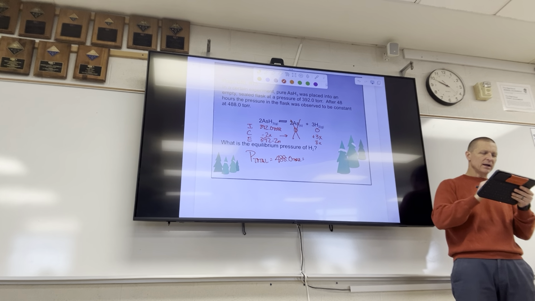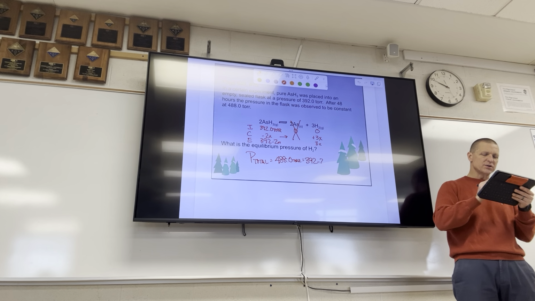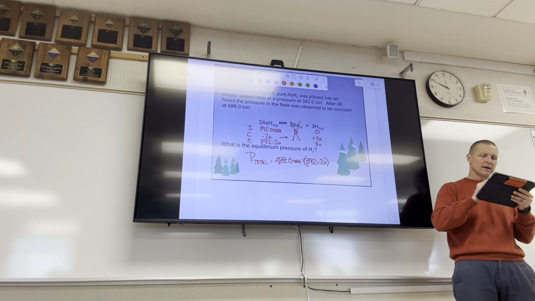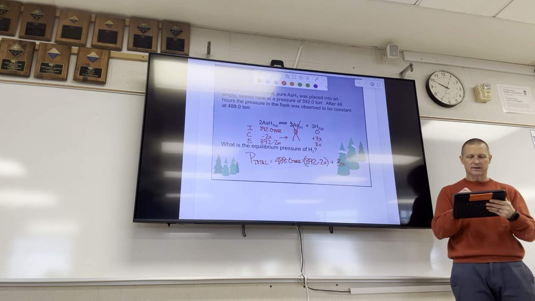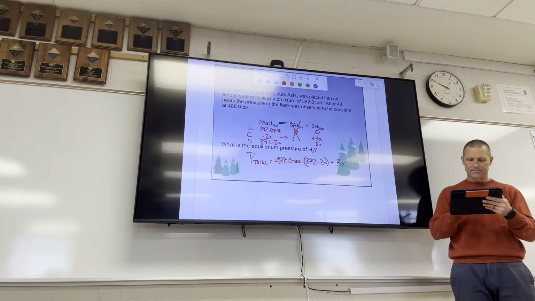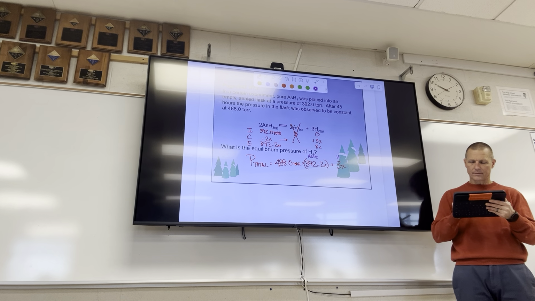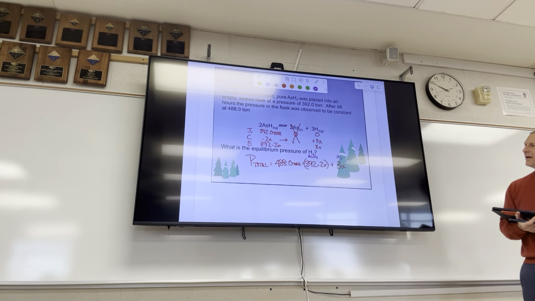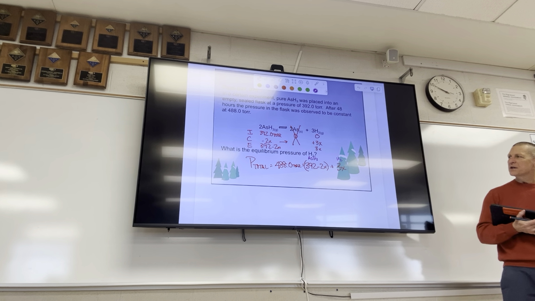That would be the ASH3 that remains, which is 392 minus 2x, added to the hydrogen that's been produced, that's the 3x. Those are our two gases that are remaining. So add those two together.